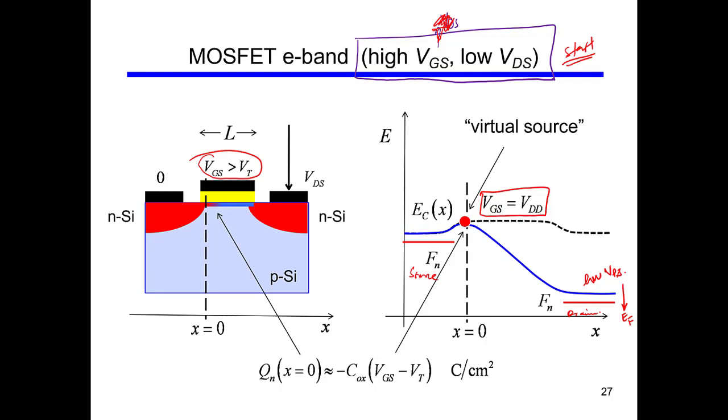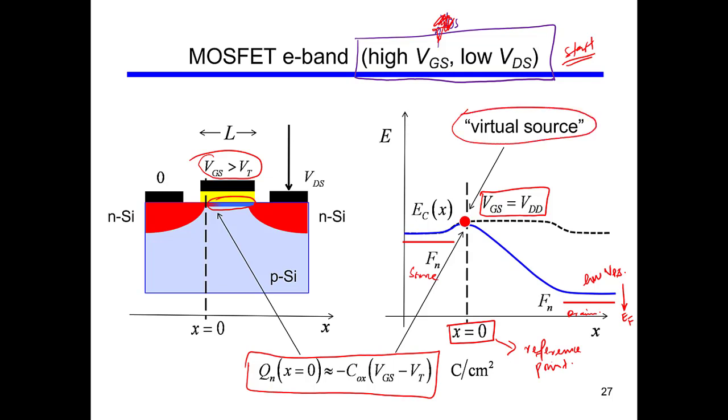Interestingly, you will have a charge in the channel because VGS is equal to VDD. So you have a channel that is created, and the channel is given by this formula. We call this point x naught, and we make this point our reference point. This reference point is called the virtual source.